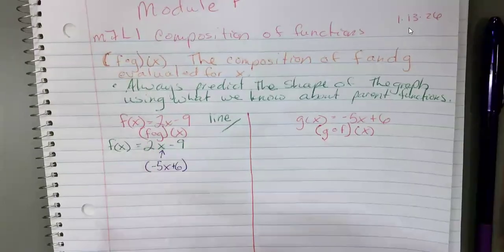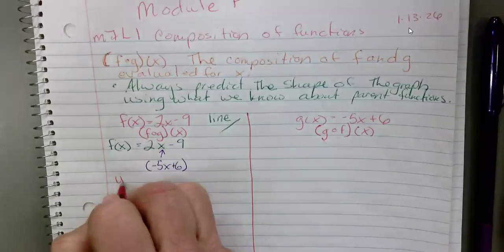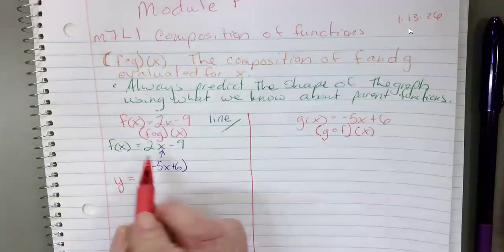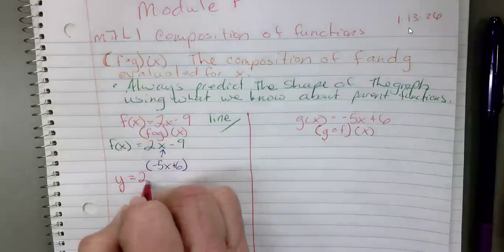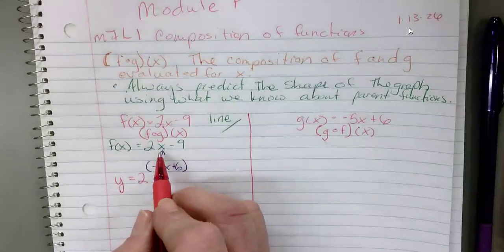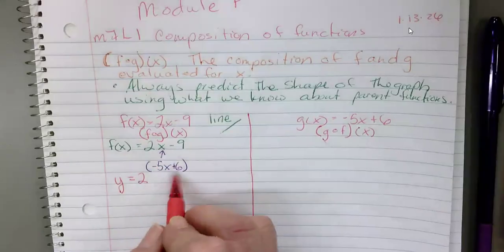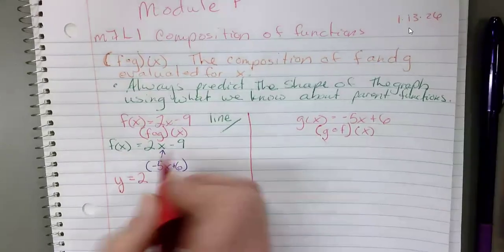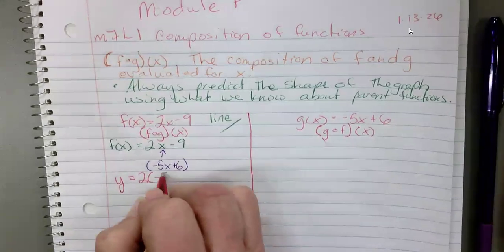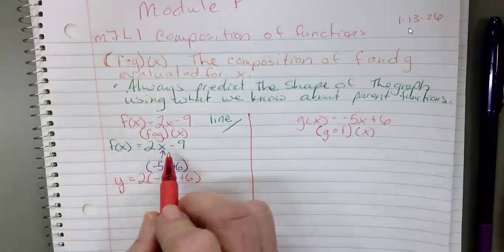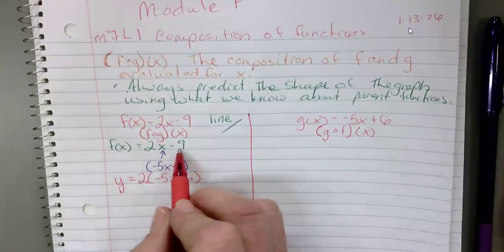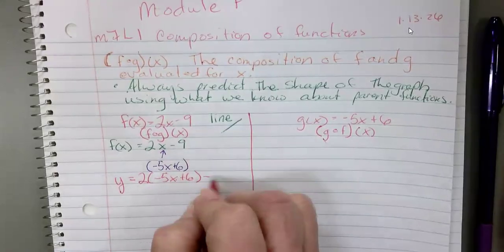I don't want to, so we're going to call it y equals, and then I'm writing the f of x, so that's going to be 2, but instead of x, I'm writing the equation for g. So we're going to put parentheses minus 5x plus 6, end the parentheses. Now I continue going with my function of x, so I write minus 9.